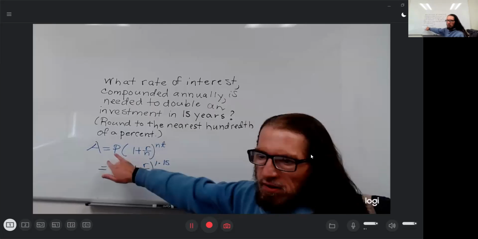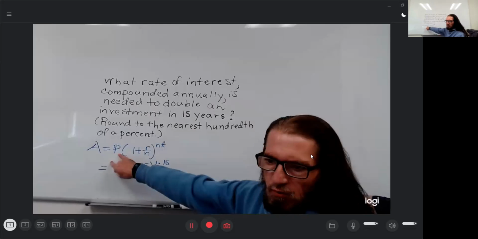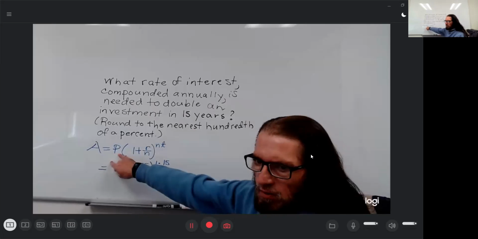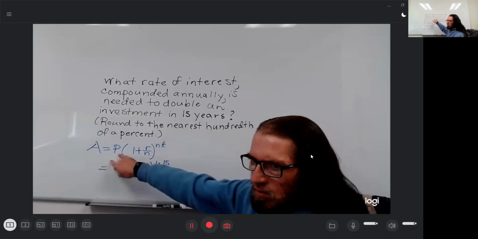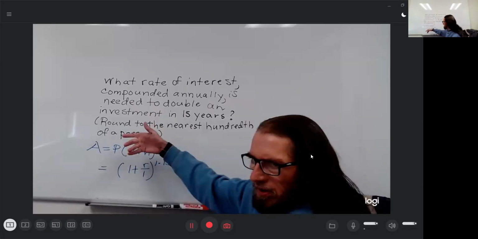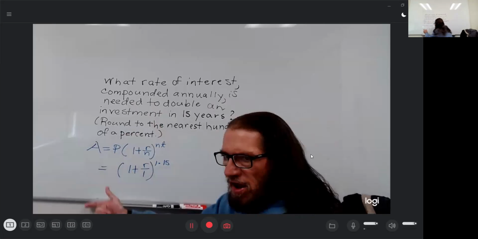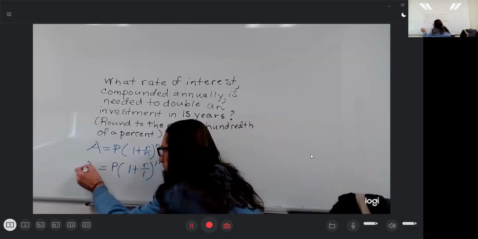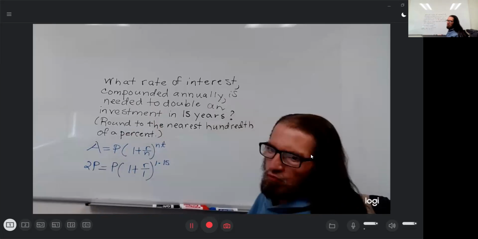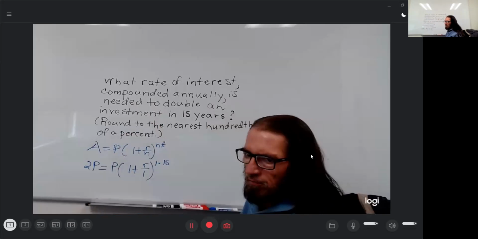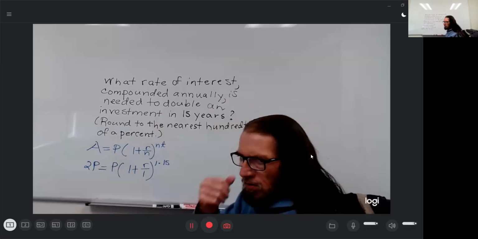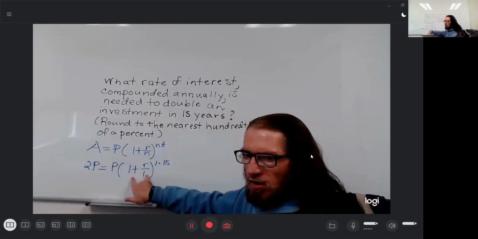We are not given a principal or present value, but it doesn't matter. Pick a number if you like, and then double it and put that in for A. Even this, where I'm not picking a number, it's not going to matter because I'm trying to get R alone.